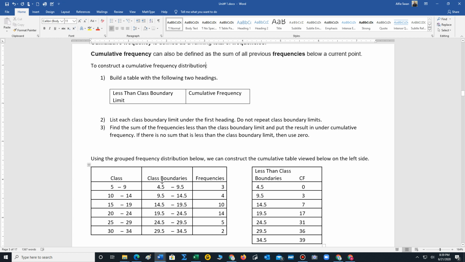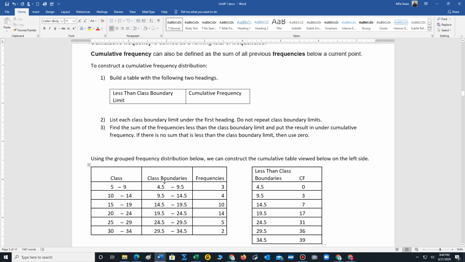What I do is I just list each of the class boundaries. I list all of the lower class boundary limits, and then I cap it off with the largest class boundary limit, because all of these limits on this side repeat. Now, what we're doing is computing a running total of all the frequencies that precede these limits.